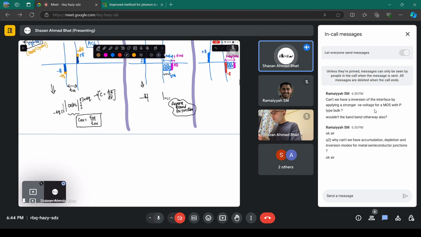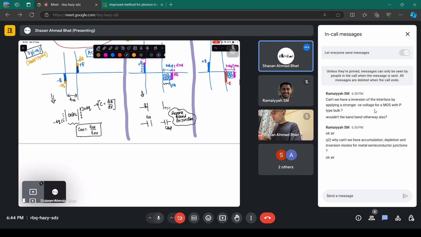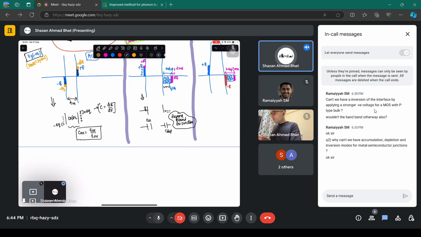So now you have the oxide capacitance, Cox, and the depletion capacitance, Cdep. Combining them, you get two capacitors in series, and the overall capacitance is 1 by C equals 1 by Cox plus 1 by C depletion.